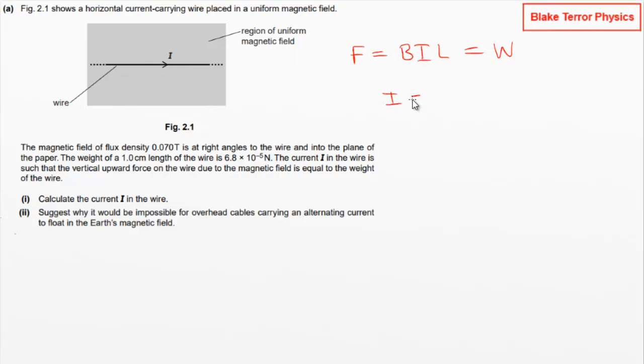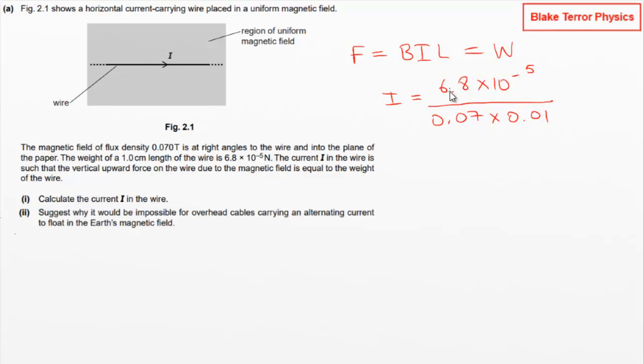So I is going to be equal to the weight, 6.8 times 10 to the minus 5, divided by B times L. B is 0.07 and L is a centimetre, so 0.01.